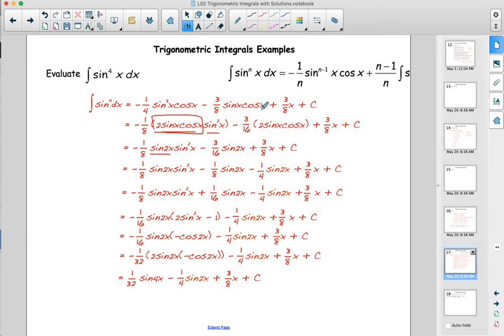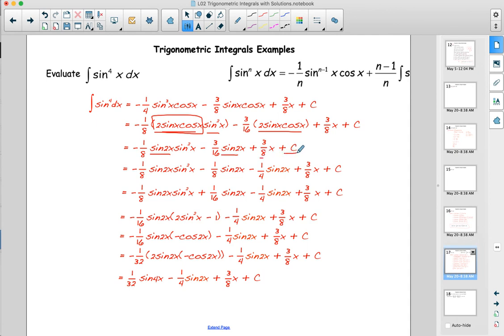Then I said, well, I'm going to try that same thing on this piece over here, right? And so I'm going to need to rewrite negative 3 over 8 as negative 3 over 16, and there's times that 2. That will reduce me back to 3/8. That becomes sine of 2x. I'm going to leave that piece alone, and I'm going to leave that piece alone.